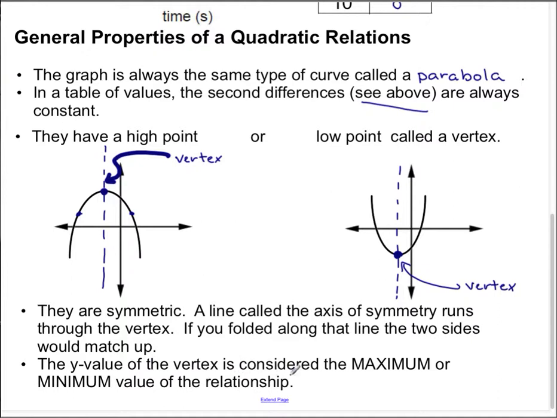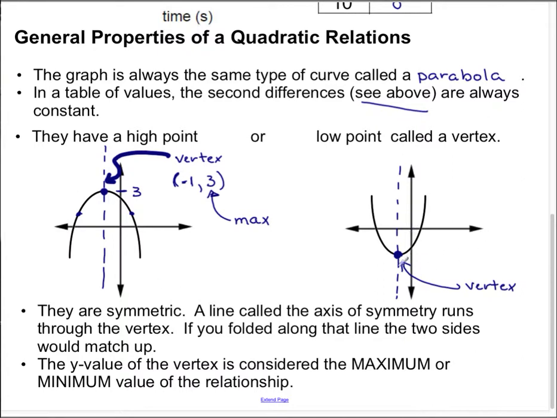Now the y value of the vertex is considered the maximum or minimum value of the parabola. Let's say that this vertex has the point (-1, 3). Then this 3, because it's up here at 3, is called its maximum, because that's as high as the parabola gets.